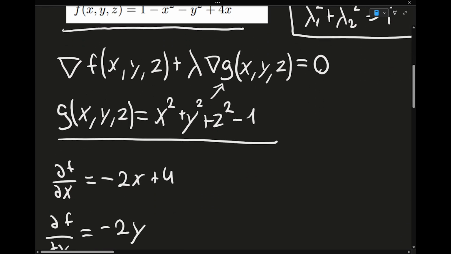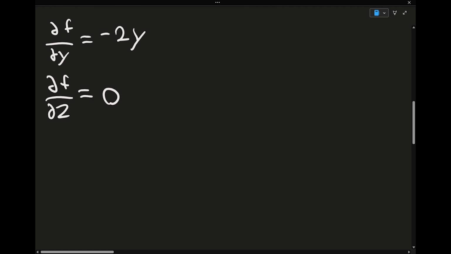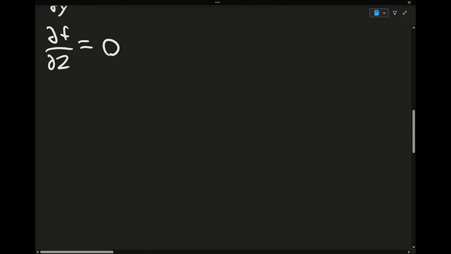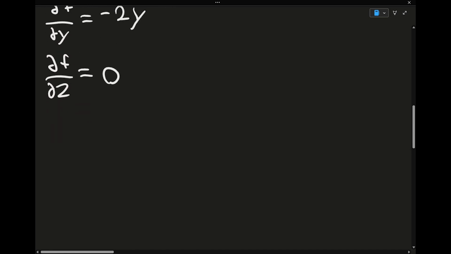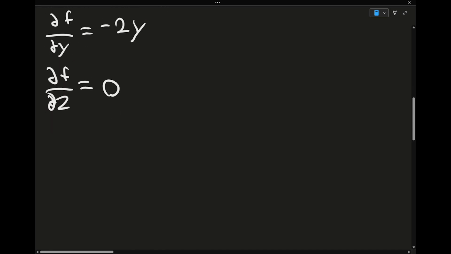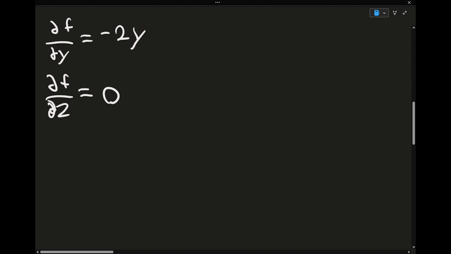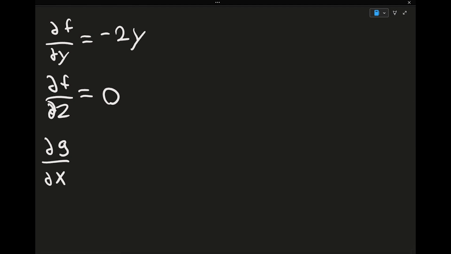But now we have to somehow use our constraint problem, and this is where we also use our g of x, because we now have differentiated our f. We will now repeat this for our g. So we have partial g partial x, which is equal to 2x.